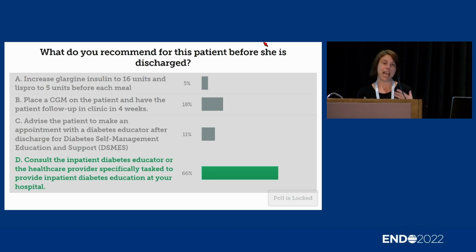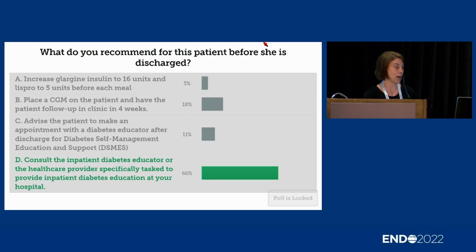We know that even though she is infrequently checking at home, that CGM that's just going to last 10 or 14 days is not a long-term solution to her glucose monitoring. And because all of them require prior authorizations, without that early follow-up in the outpatient clinic to facilitate the continuation of the CGM, not the best choice.